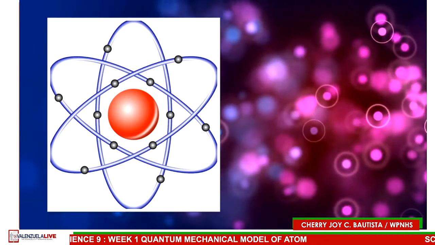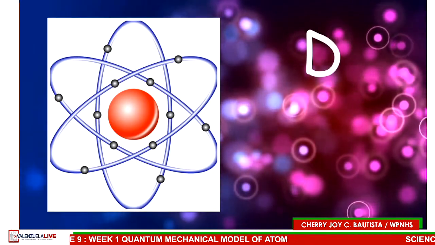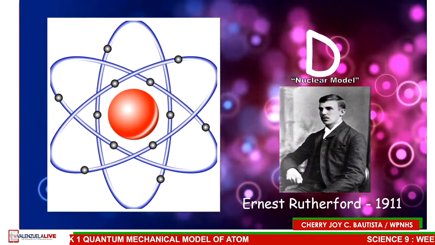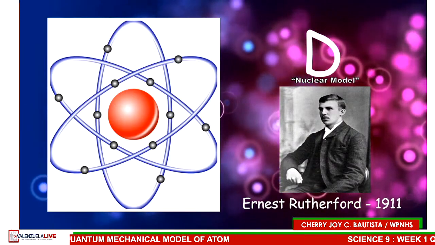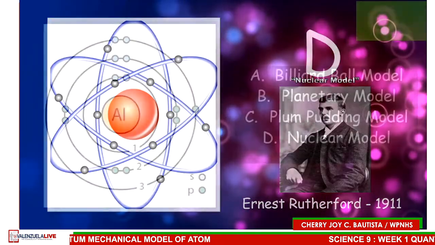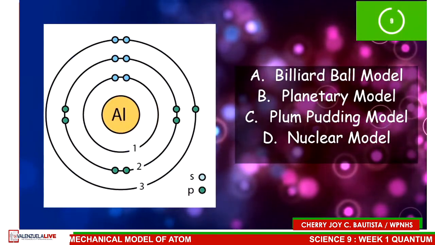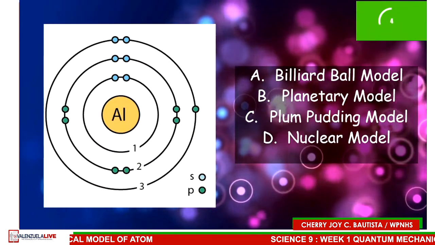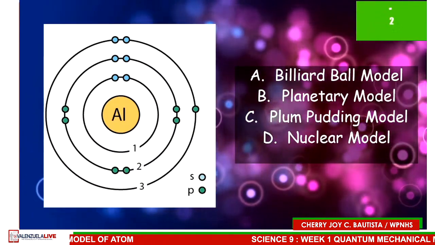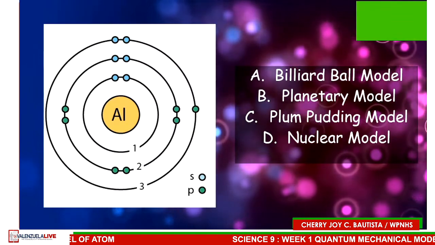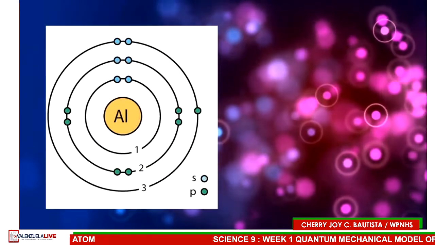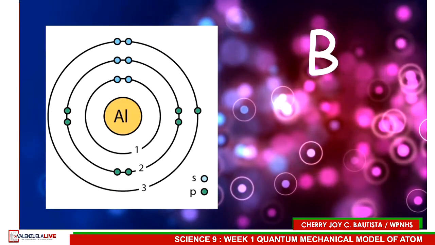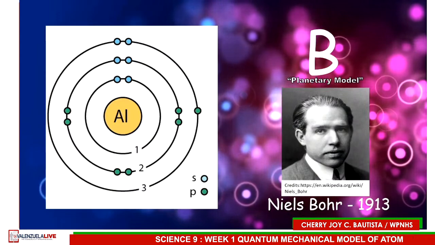The correct answer is D. This model was proposed by Ernest Rutherford in the year 1911. Lastly, the correct answer is B. This model was proposed by Niels Bohr in the year 1913.